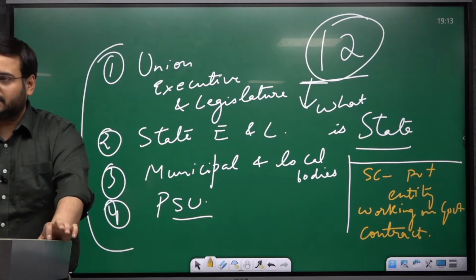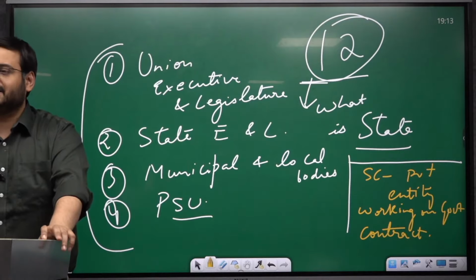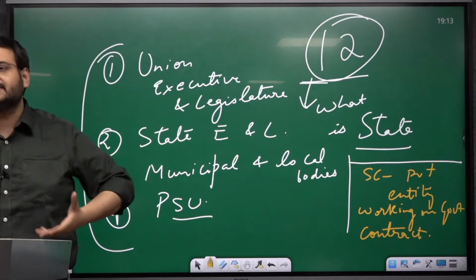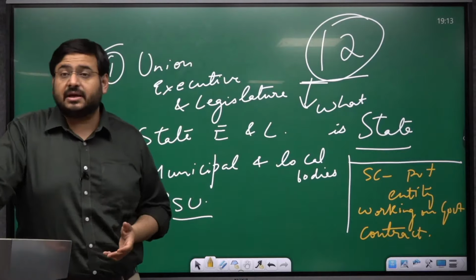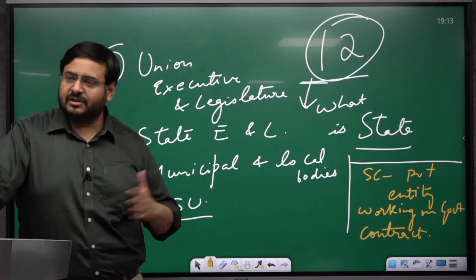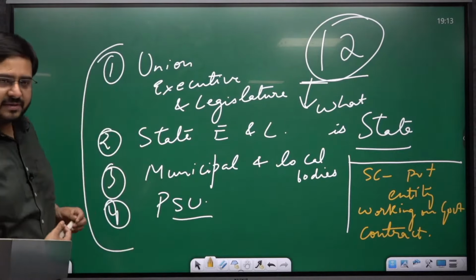Word is may be considered as a state. The Supreme Court said the BCCI may be considered as a state. It is not necessarily state. Okay? It is a private entity getting all the benefits representing Team India. Okay? Article 12 is clear.